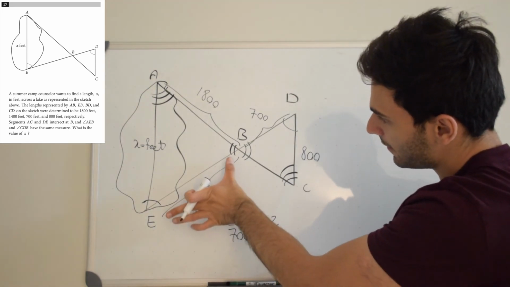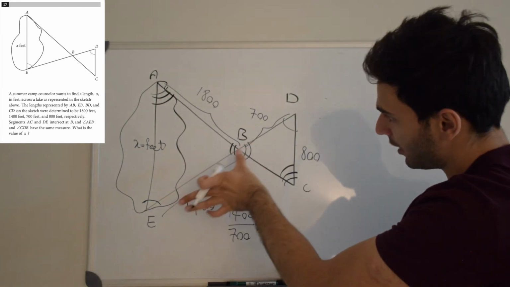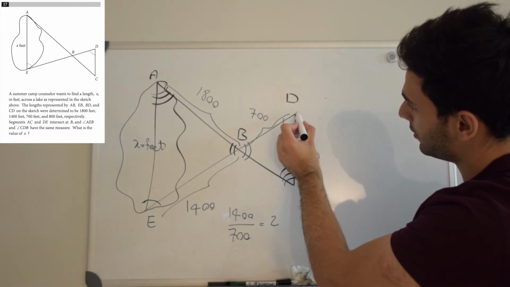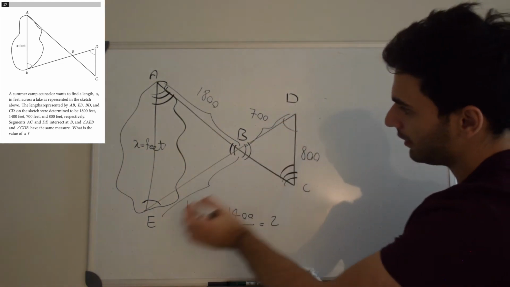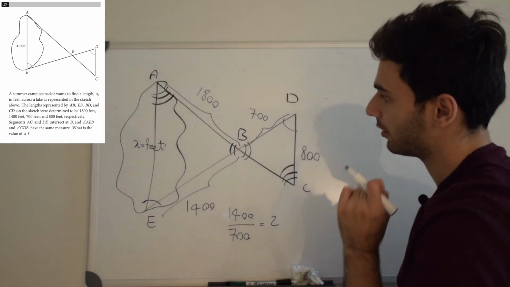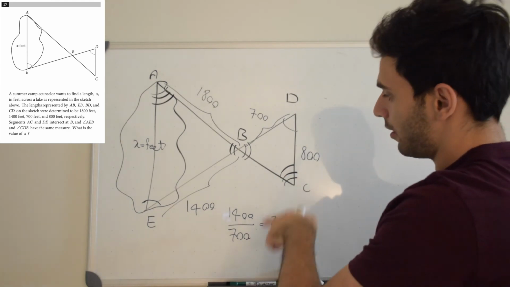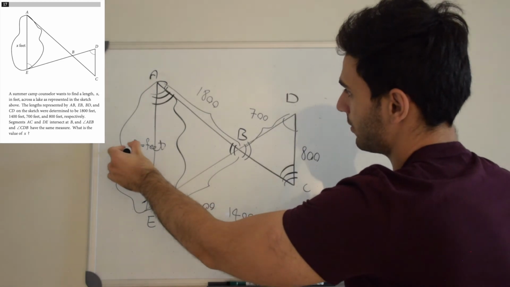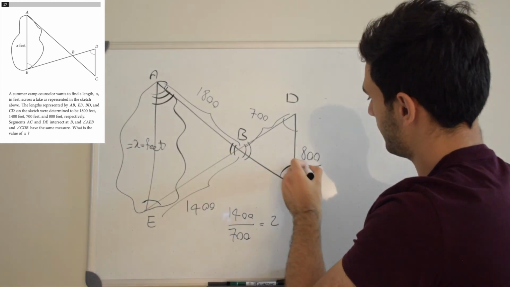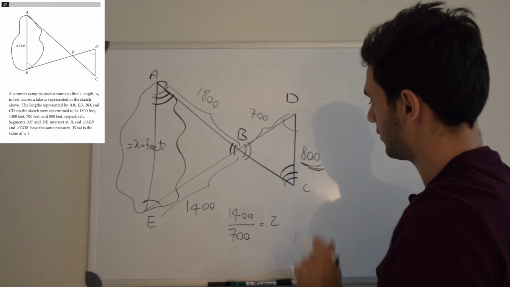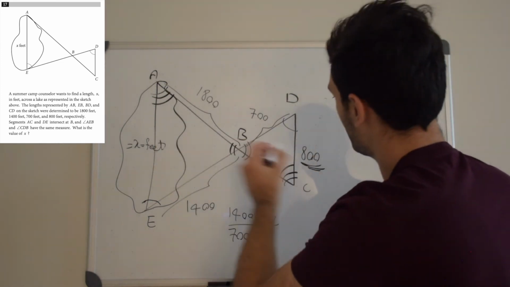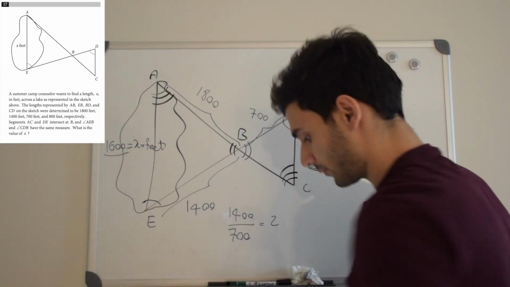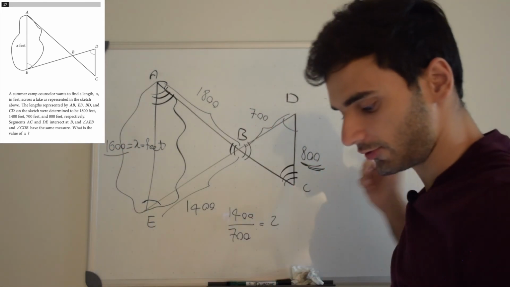So this side is magnified twice. Why these two? Because these are the sides of angle D and angle E, that are the same. So x is also magnified 2 times. This is the length that we should magnify. So 2 times 800 is 1,600. So the answer is 1,600.